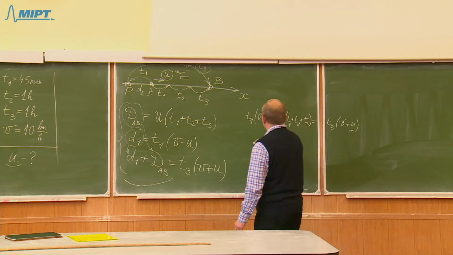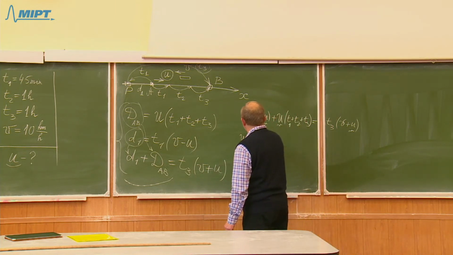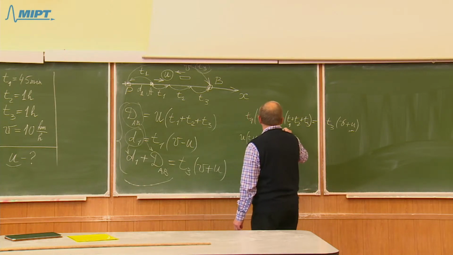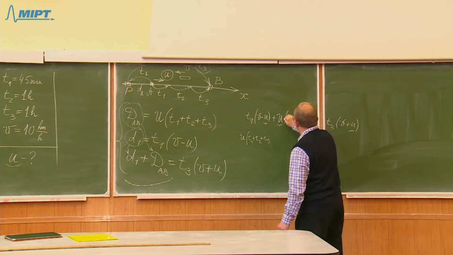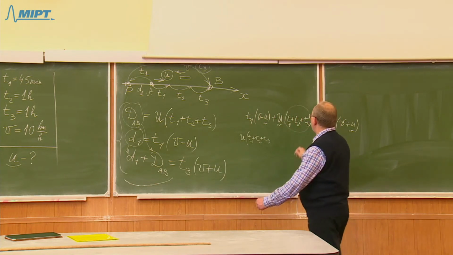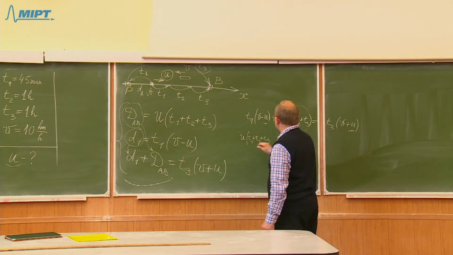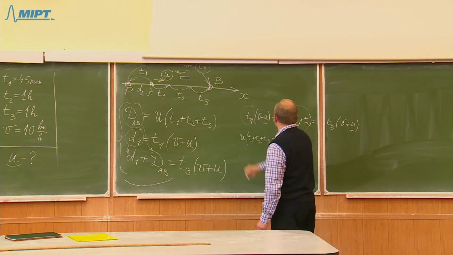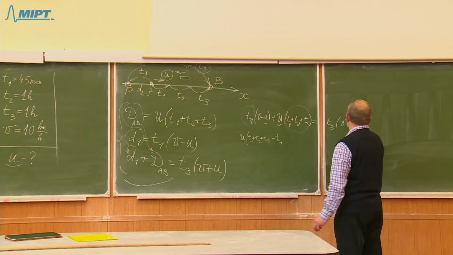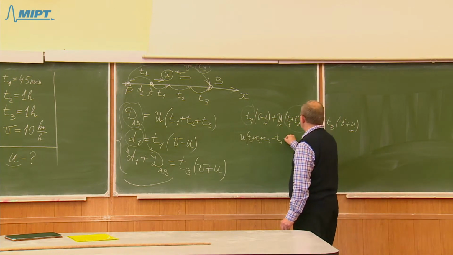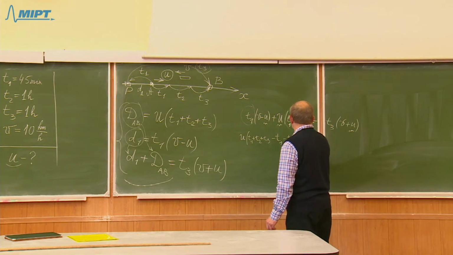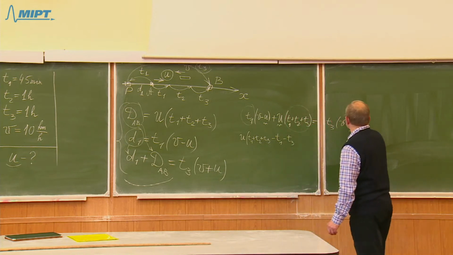Let's do it. So it will be u times (t1 plus t2 plus t3) taken from this round bracket, and then minus t1 taken from here, and then minus t3 taken from here.